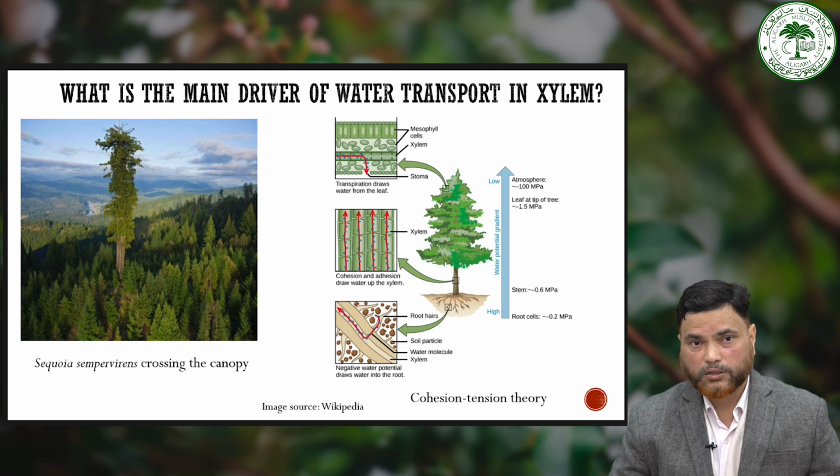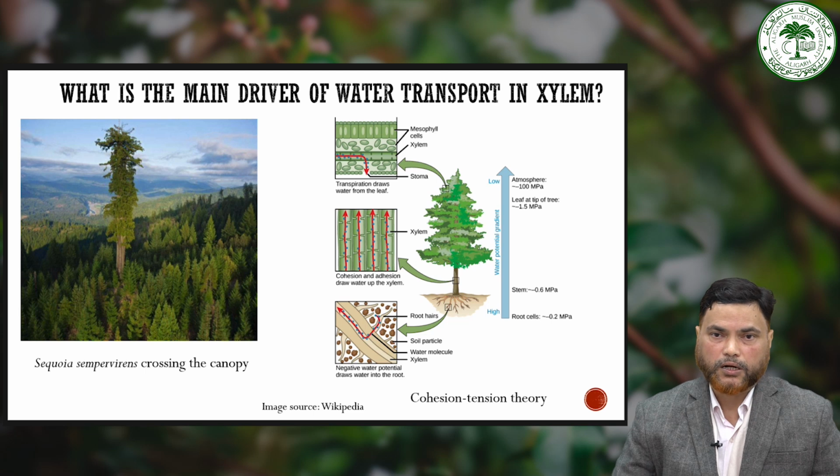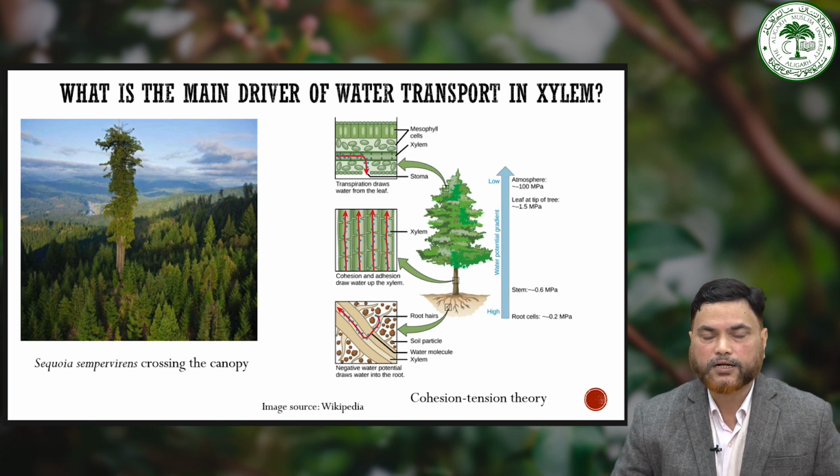Now, what is the main driver of water transport in xylem? This we have studied, how water is transported in small plants via root pressure, but now the question arises whether this root pressure is sufficient to lift water in tall trees that are more than 100 meters tall.